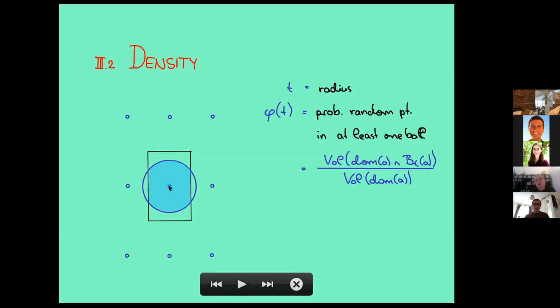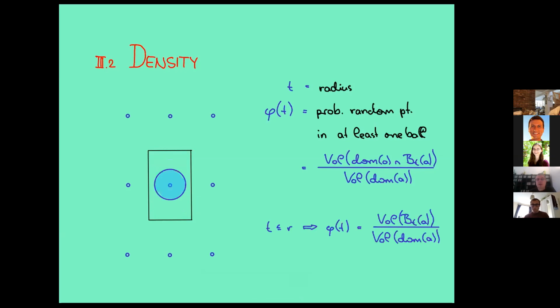And you can imagine as t grows: when t is small, the entire disk will be in the rectangle, like so. And therefore, in this case, we just take the volume of the ball divided by the volume of the Voronoi domain. And then it grows, so it starts to interact with the boundary.